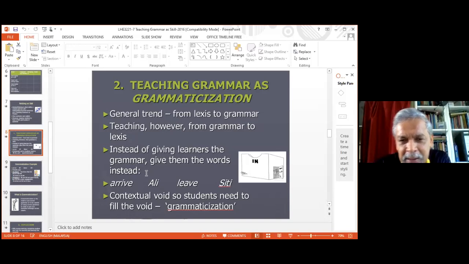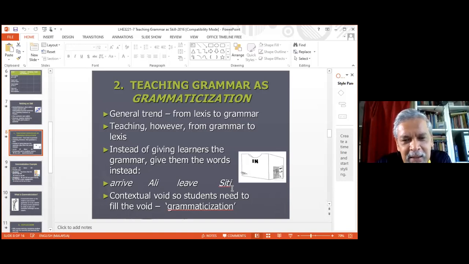Like this: arrive, Ali, leave, city. So there is a contextual void. The students need to make sense of these words and form something. What sentence would you construct based on the words you already know or what you have of the language?